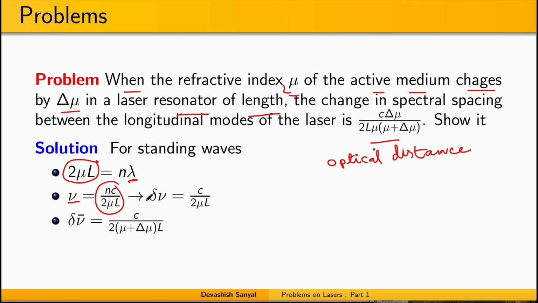So the difference between two adjacent frequencies is C by twice mu L, corresponding to delta n equal to 1.